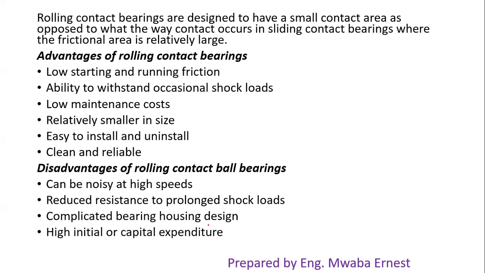A rolling contact bearing can be expensive. Unlike a sliding bearing, which is similar to a bushing, with this one you need to spend some money because you have an inner race, an outer race, the cage there, and also the rolling members in between. There could be rollers or maybe some balls. Then you see them working.